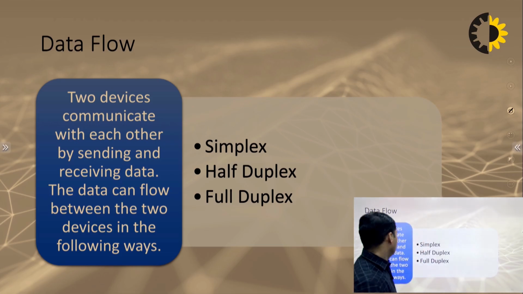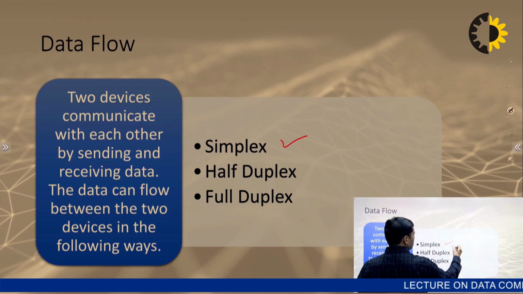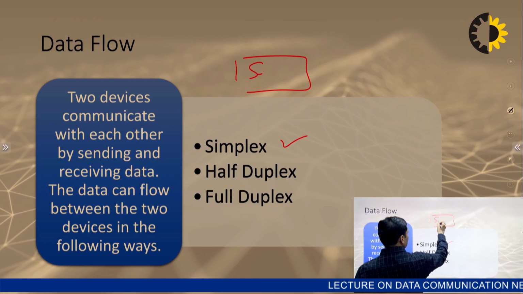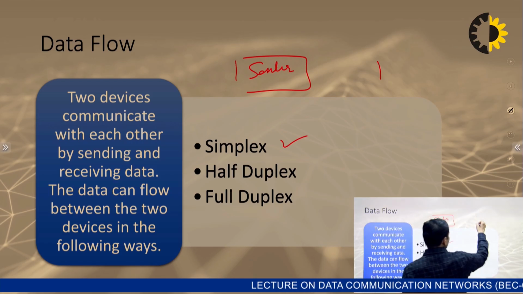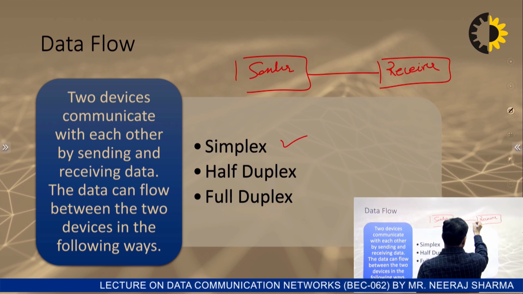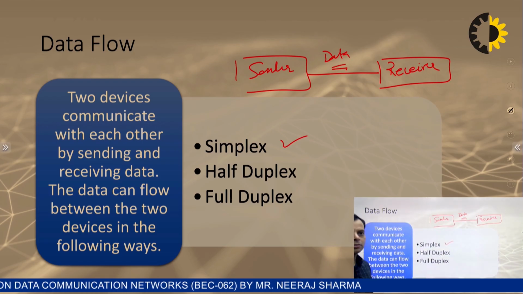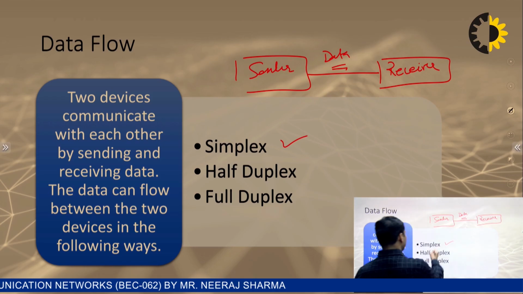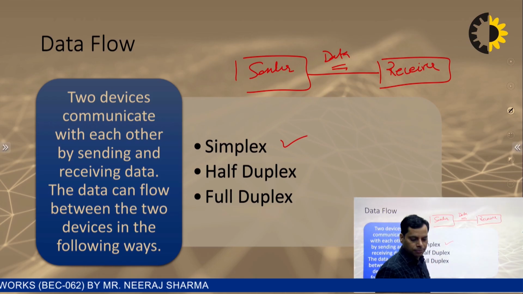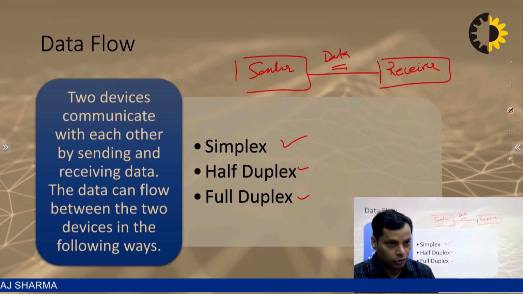When two devices communicate with each other by sending and receiving data, the data can flow between the sender and receiver in the following ways. How can this data transmission be possible through the medium? It can be categorized into three parts: simplex, half duplex and full duplex. Now we will see.